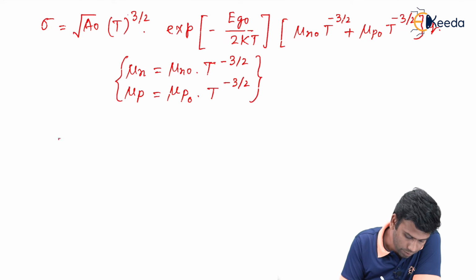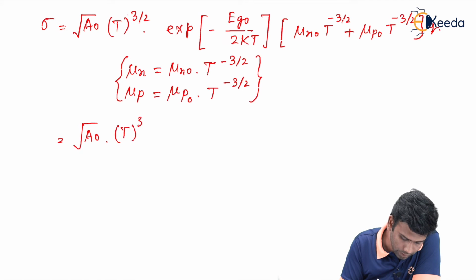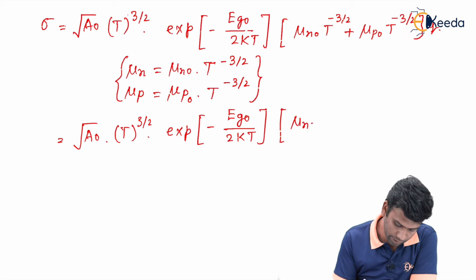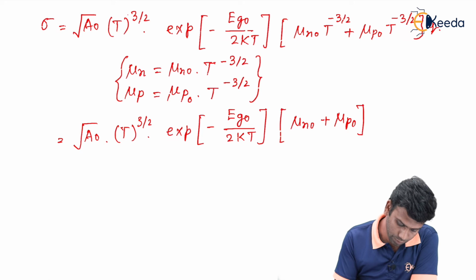So from this equation, after simplification, we get root over A0 T to the power 3 by 2, exponential minus Eg0 by 2kT, into (mu n0 plus mu p0) into T to the power minus 3 by 2, into q.